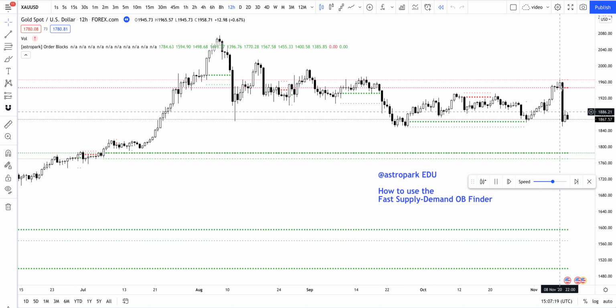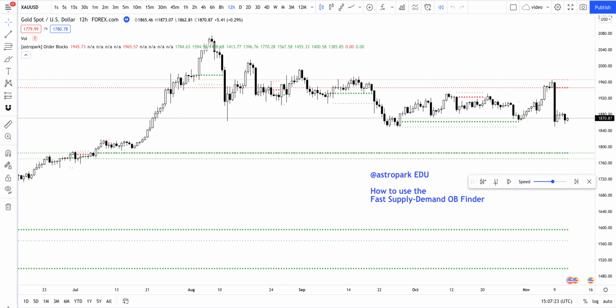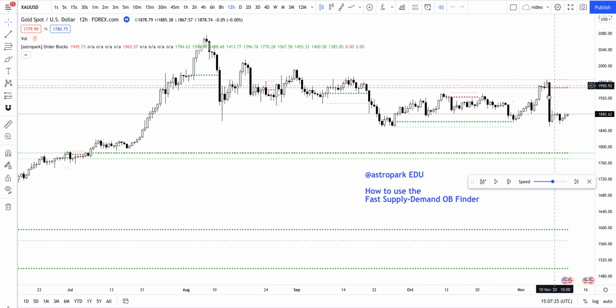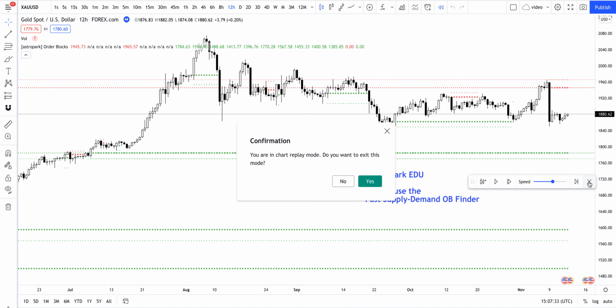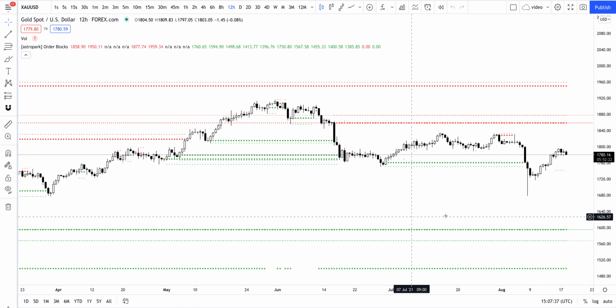Immediately after this big red candle, which is black in my chart, you see the supply was created immediately. So this is why I talk about it as a fast finder.